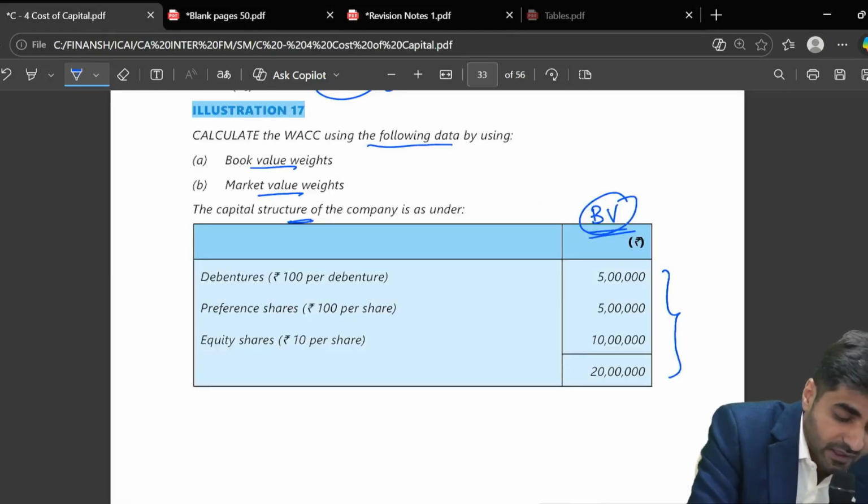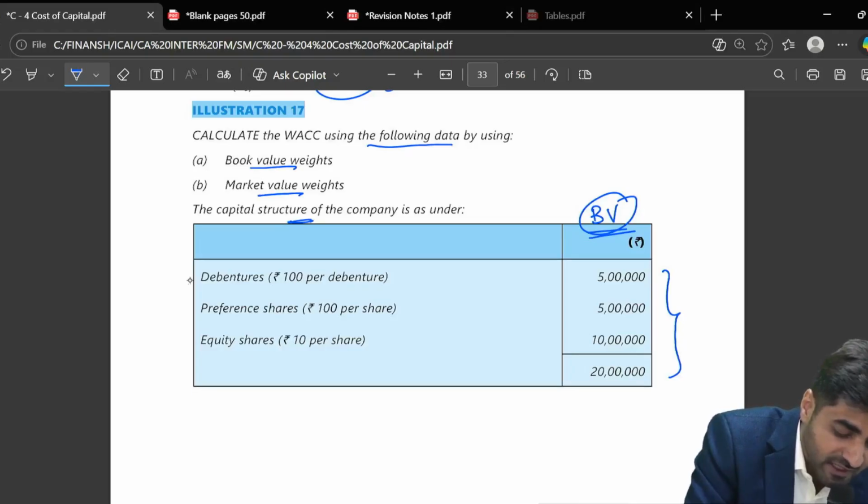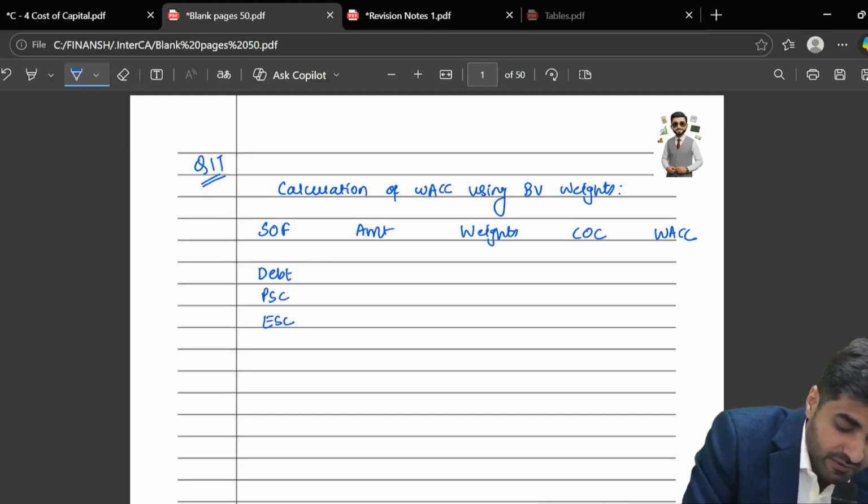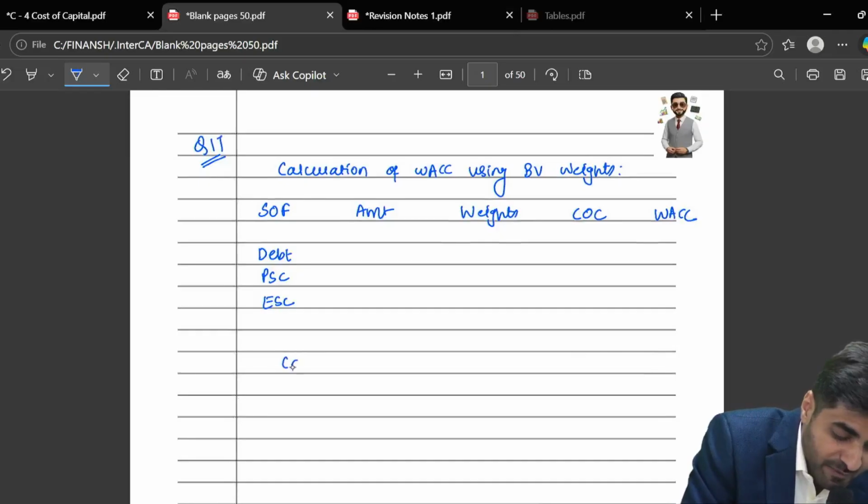Okay. Can you please tell me how many sources are there, beta? 3. Debentures, preference shares and equity shares. Okay. And similarly, we will prepare one more table, which is calculation of WACC using what as weights, beta? Using market value weights.